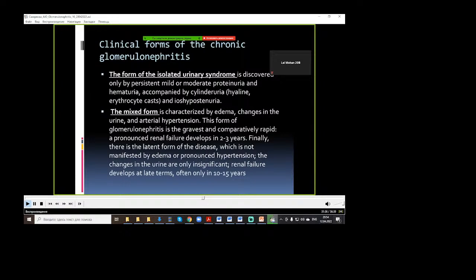Finally, there is the latent form of the disease, which is not manifested by edema or pronounced hypertension. The changes in the urine are only insignificant, and renal failure develops at late terms, often only in 10-15 years from onset of the disease.